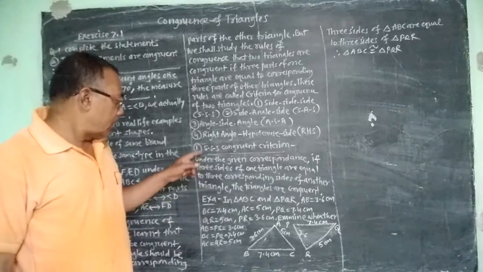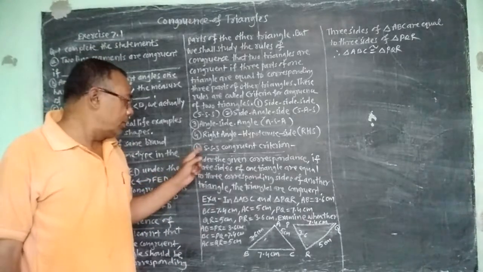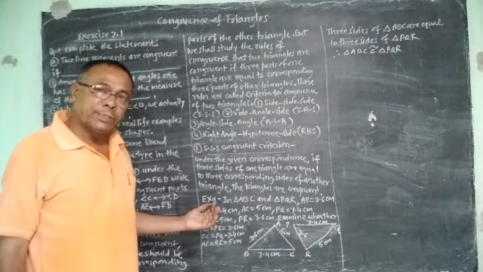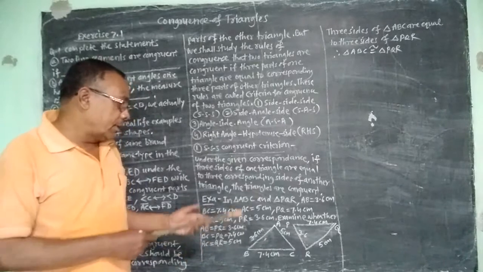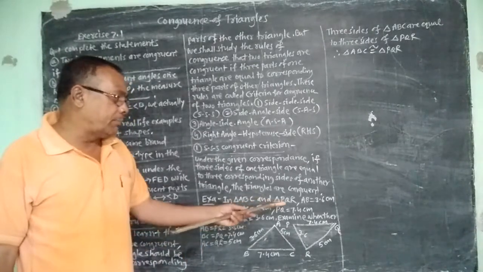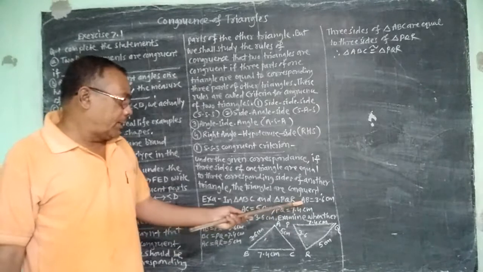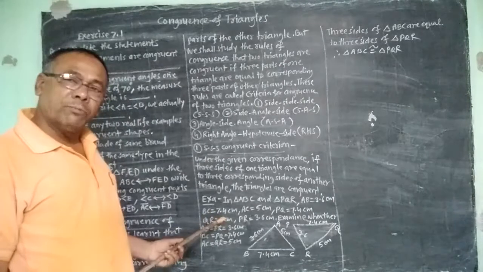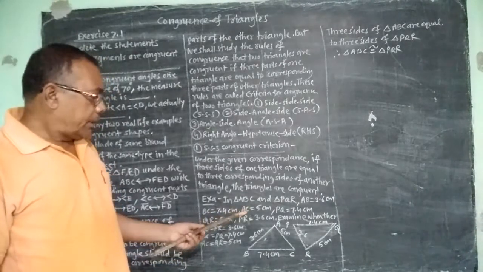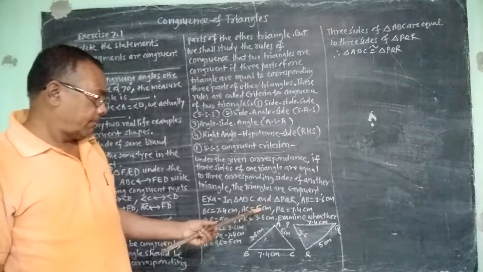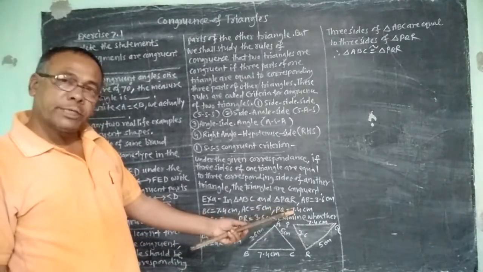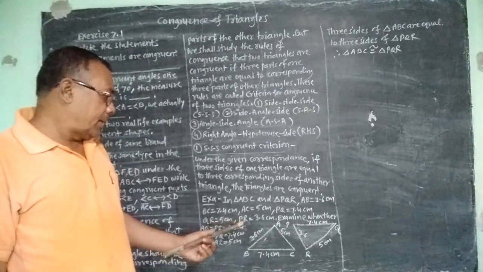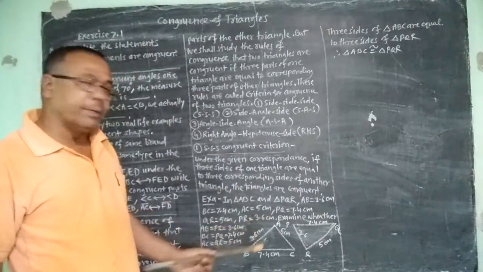According to this SSS criteria, we have to solve one example. In triangle ABC and triangle PQR, AB is equal to 3.6 centimeter, BC is equal to 7.4 centimeter, AC is equal to 5 centimeter, PQ is equal to 7.4 centimeter, QR is equal to 5 centimeter, and PR is equal to 3.6 centimeter.